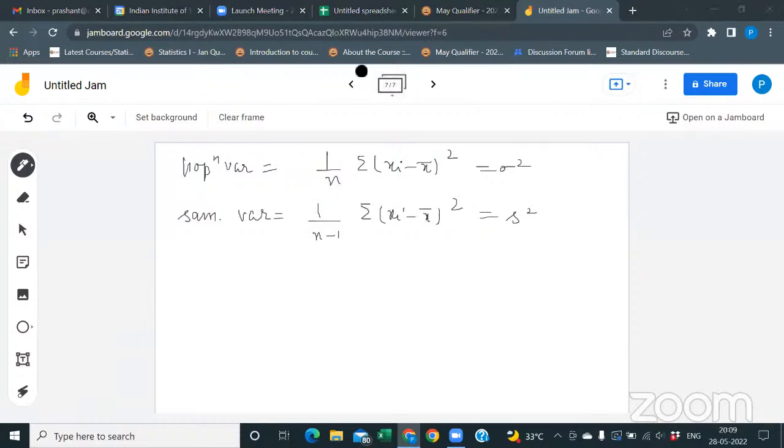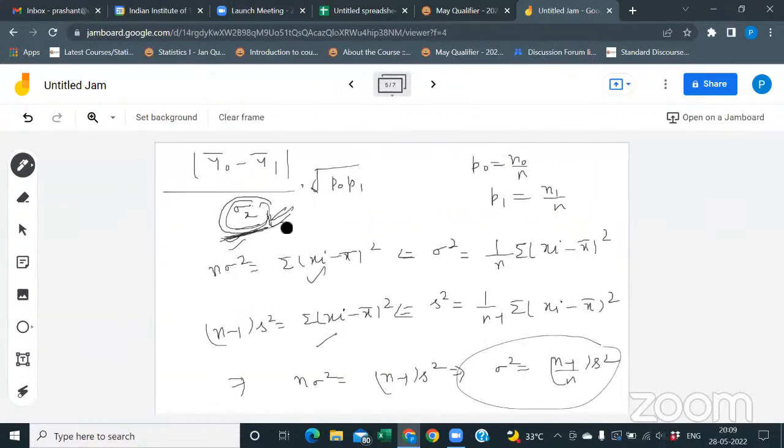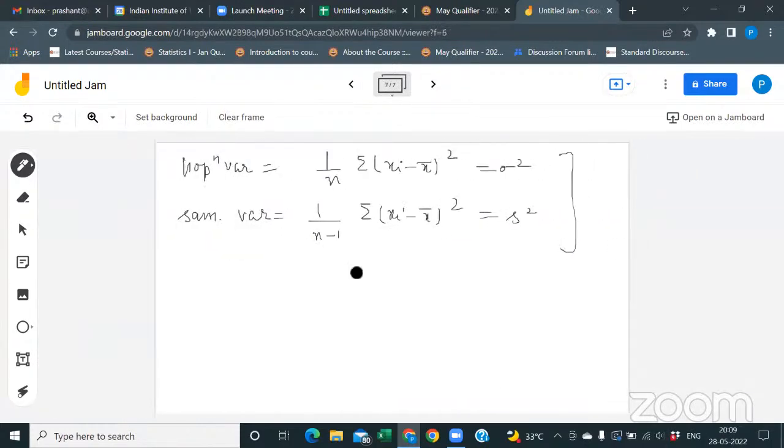So this thing is clear. What is the mistake in the formula, sir? In the point-biserial formula, the mistake is that ma'am has used the sample standard deviation, the normal S square. We have to take the population standard deviation.